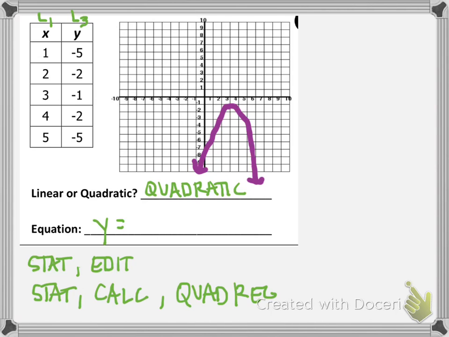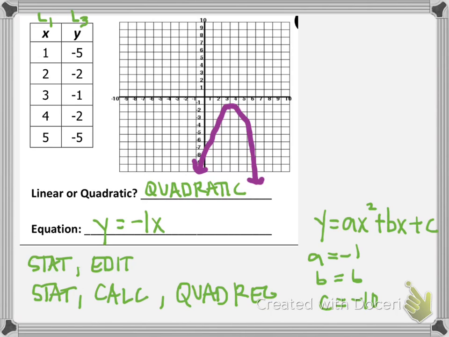On your screen you should see this form, ax squared plus bx plus c. It says A is -1, B is 6, and C is -10. So that means my quadratic equation is going to be -1x squared plus 6x minus 10. It's pretty cool.